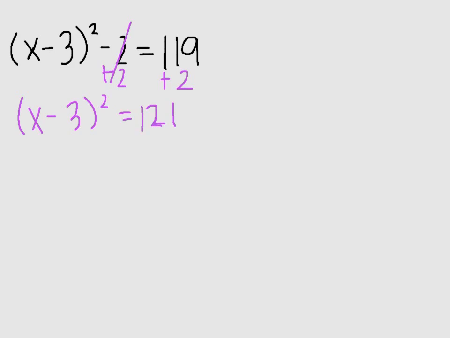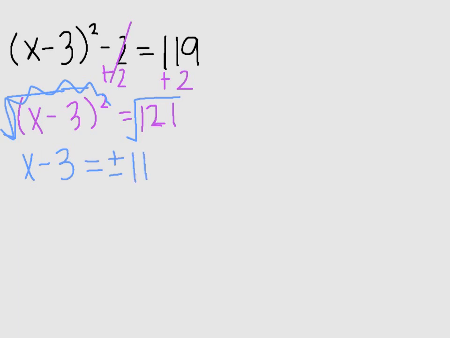Now I move on to my next success criteria, which is to take the square root of both sides. Remember, the square root and the squared cross off and just leave me what's inside my parentheses, which is x minus 3. I take the square root of 121, and that is plus or minus 11.